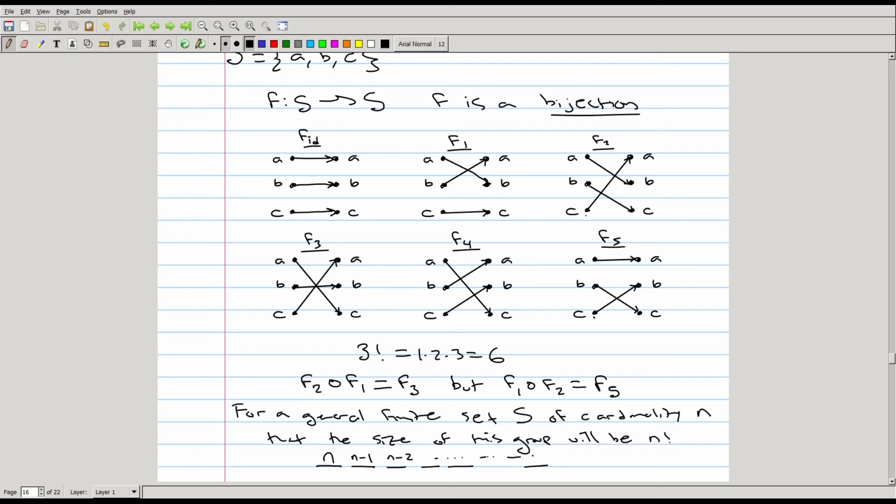The second to last element will have 2 choices, and the last element we'll have to put in the only remaining slot. And by our product rule for counting, we clearly see that the multiplication of all of these numbers is going to give us the total number of possible functions in this set. So this is very neat.